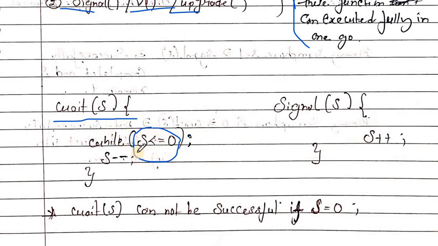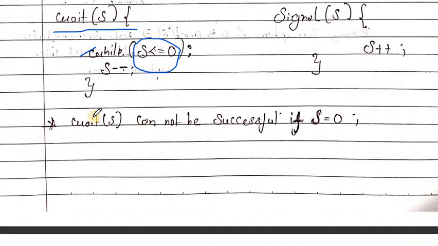If the while condition is true, it is stuck in the loop. If the value of s is greater than 0, then s minus minus decrements s by 1. In the signal function, s plus plus increases the value of s by 1.